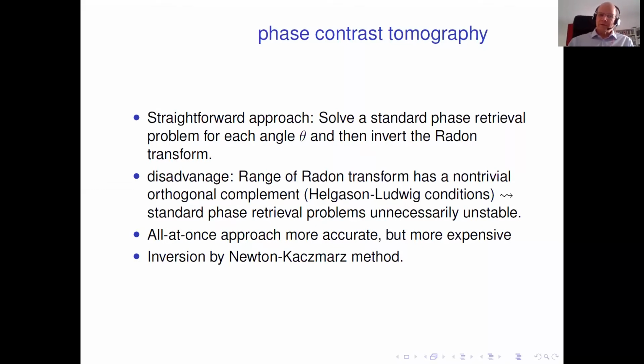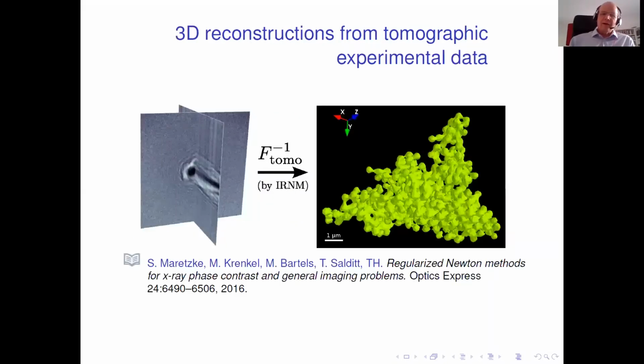inverse problem. This is more stable because the Radon transform does not have dense range, and there are these Helgason-Ludwig conditions, so you get additional instability that you also observe. Okay, so we did reconstructions with a Newton-Kaczmarz method.